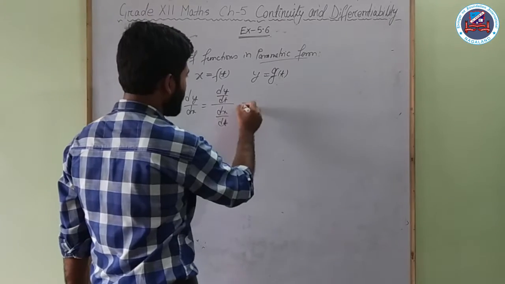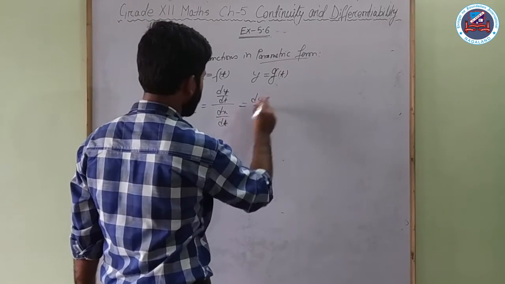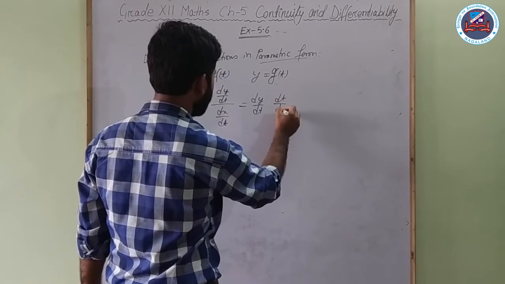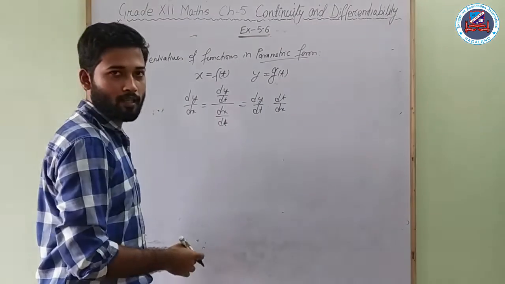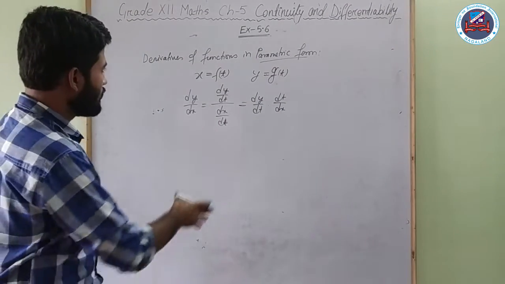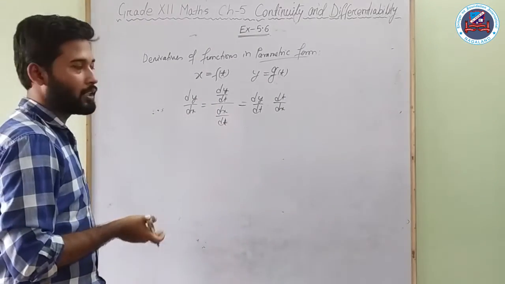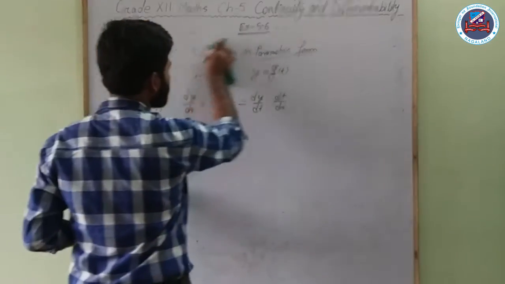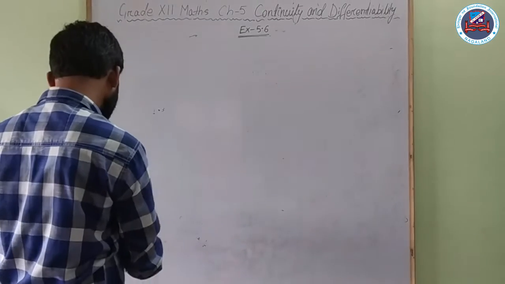Or else I can write this as dy by dt, and if I bring it to that side, it will be dt by dx. This is the chain rule. This is how we have defined the chain rule. So using this chain rule, we shall do the differentiation of the parametric forms. For that, let us see a question from exercise 5.6.